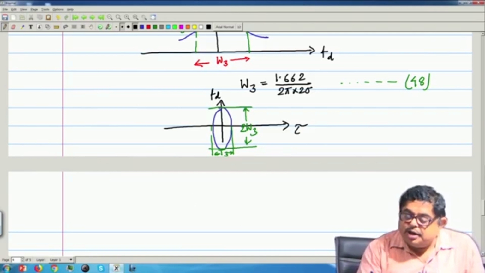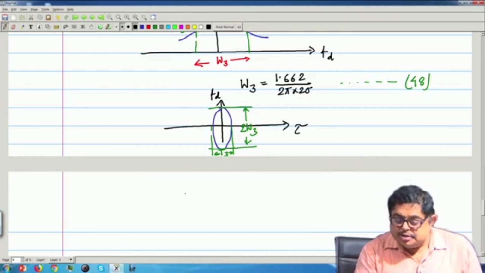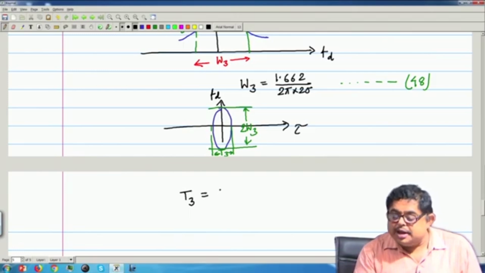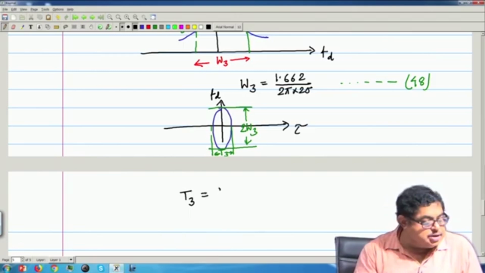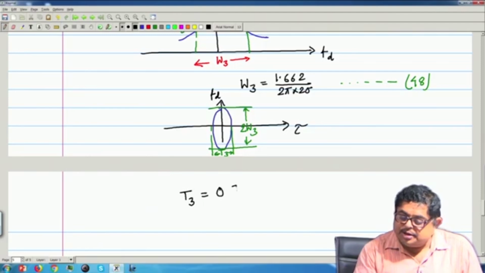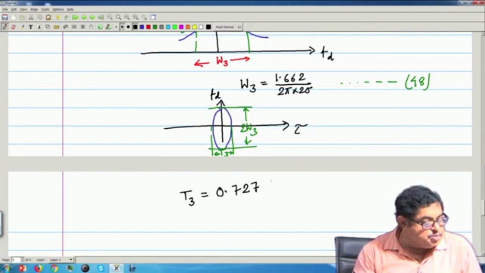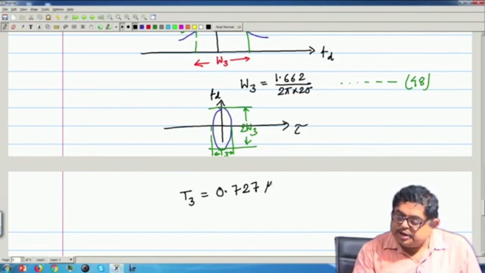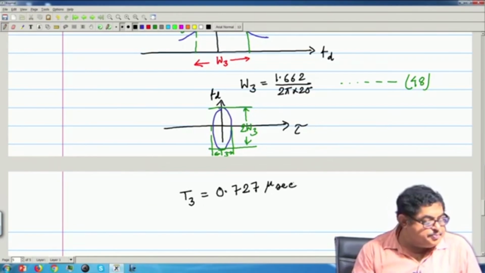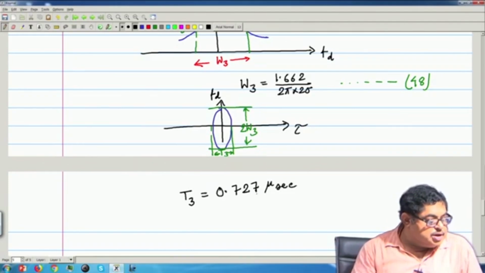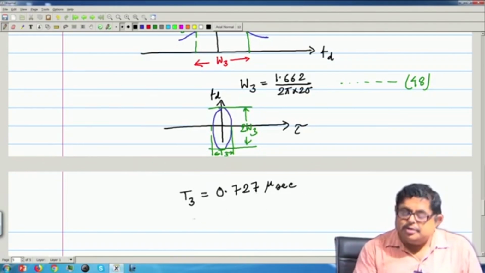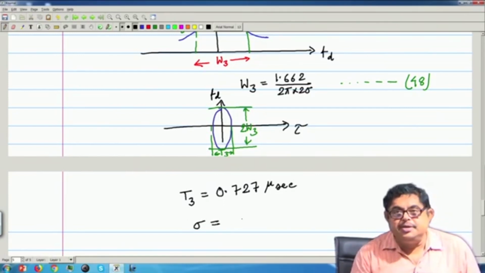That means here we choose that T3 is the same as that time. I think we have chosen a delay resolution for a 1 microsecond pulse. So, if we choose that, then our sigma gets fixed.